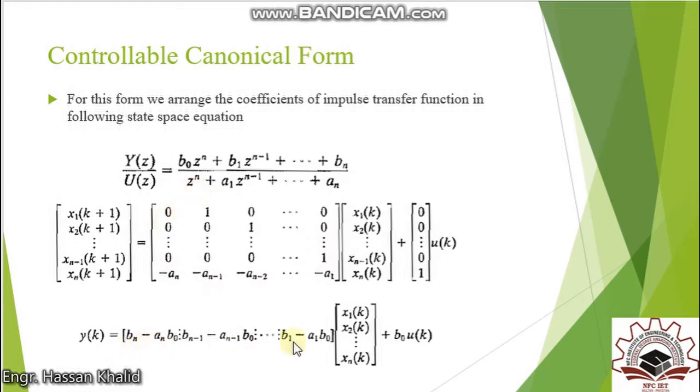Similarly, these coefficients will also be arranged according to the order defined by the characteristic equation. The rest of this arrangement is the same as the conventional method. This is the d vector, which is b0 multiplied by u of k. If there is a feed forward path, then it will be considered. If there is no feed forward, then it will be assumed as 0.